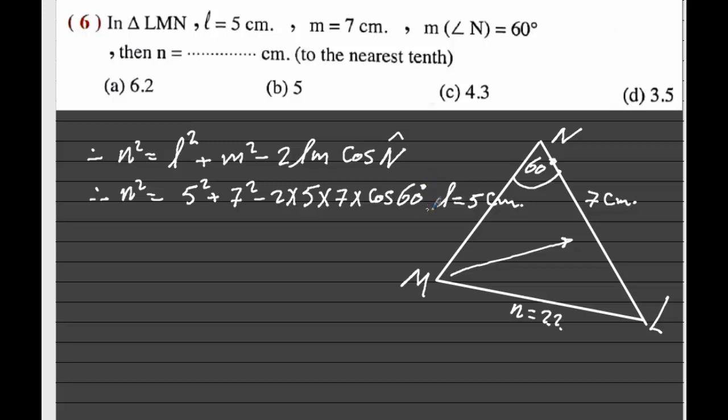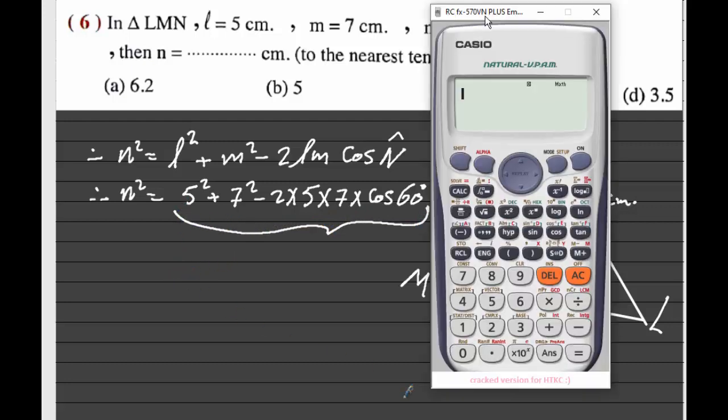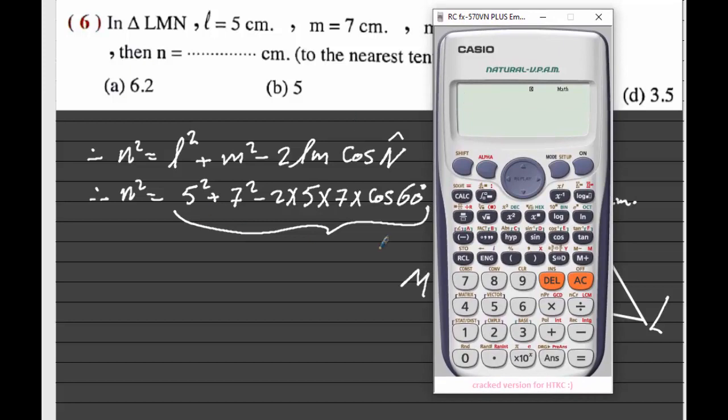So we'll use the calculator to find the value of this expression. Here we have 5 power 2, it is 25, plus 7 power 2, 49, minus 2 multiply 5 multiply 7, it is 70, multiply cosine 60, which equals half, so the result equals 39.